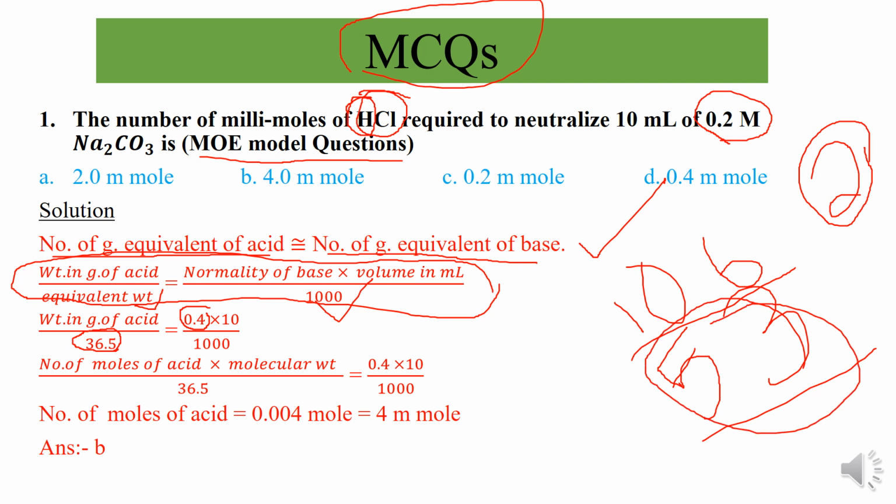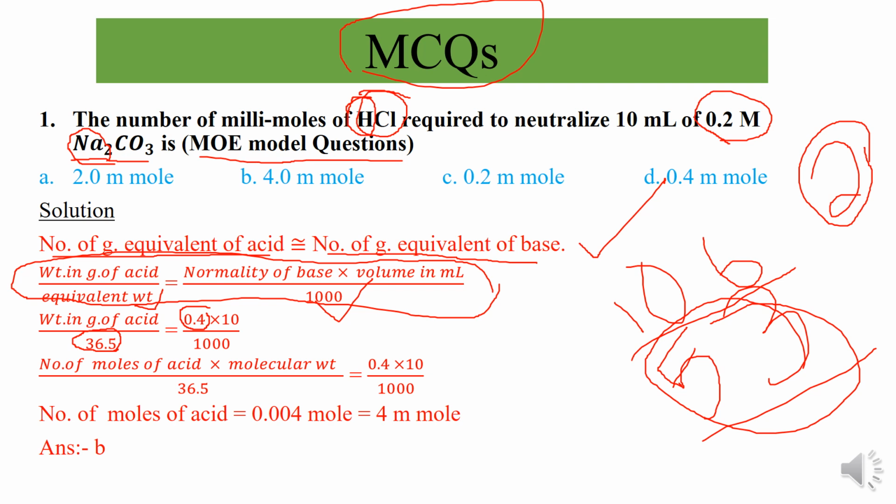We have already discussed the calculation of equivalent weight of a salt: molecular weight divided by total charge. How many charges are present? Sodium has only one positive charge, then 2 into 1 positive charge means 2, that is the total charge in the cation or in the anion. So molecular weight divided by 2.